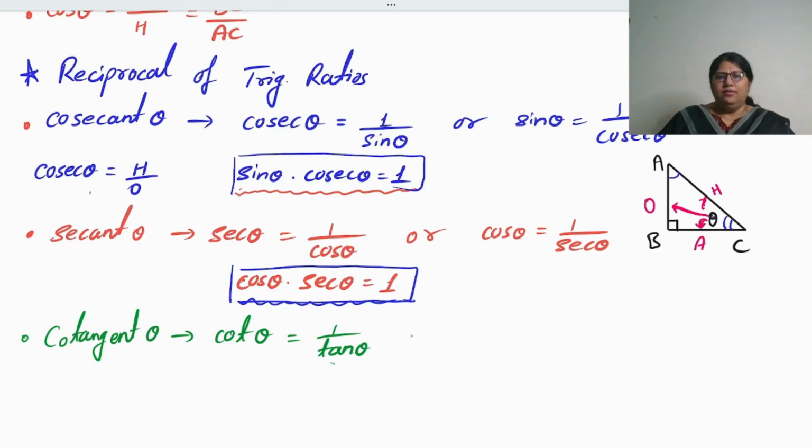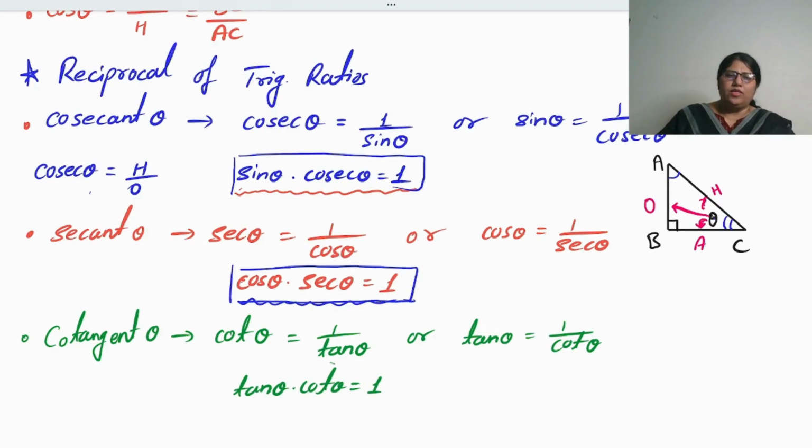Or I can write tan theta is the reciprocal of cot theta. And what is their product? Tan theta times cot theta is always 1. This is your third result.